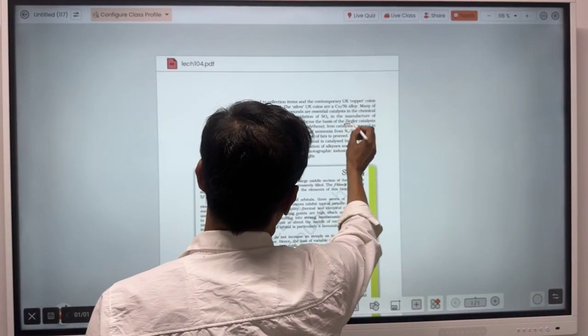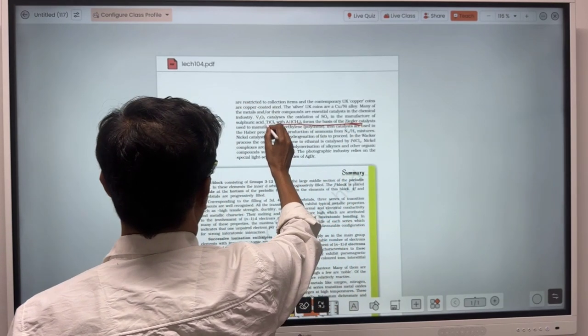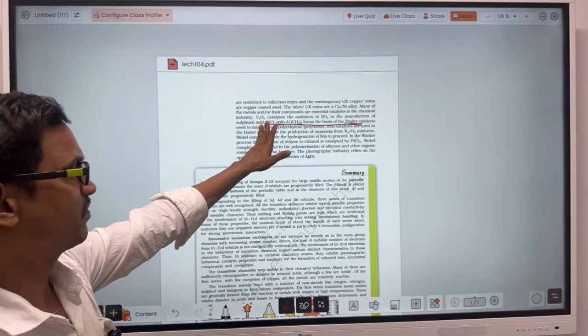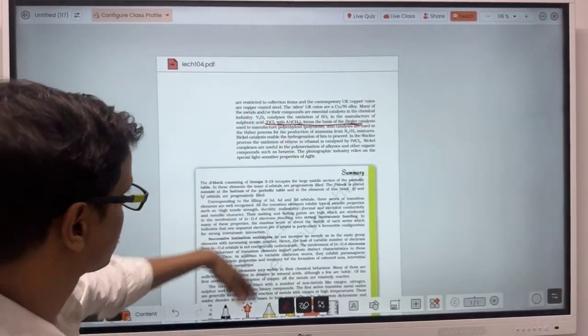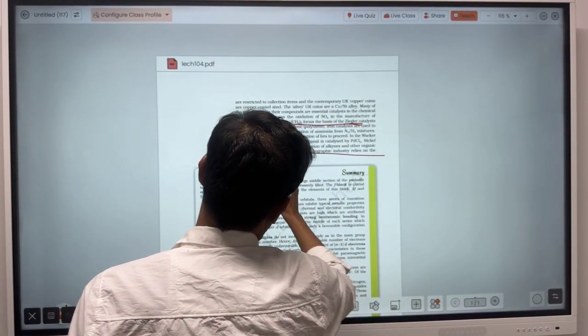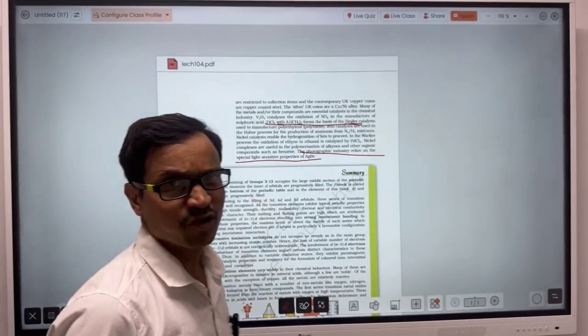Ziegler catalyst. The Ziegler catalyst is a mixture of titanium tetrachloride and aluminum trimethyl. This one you will have to just watch out for. Just read them. Okay, this one is important.